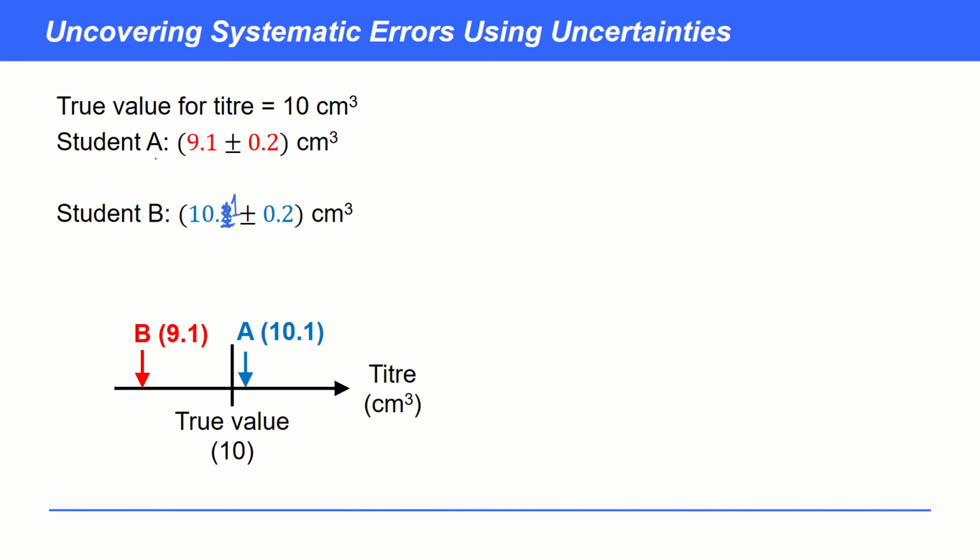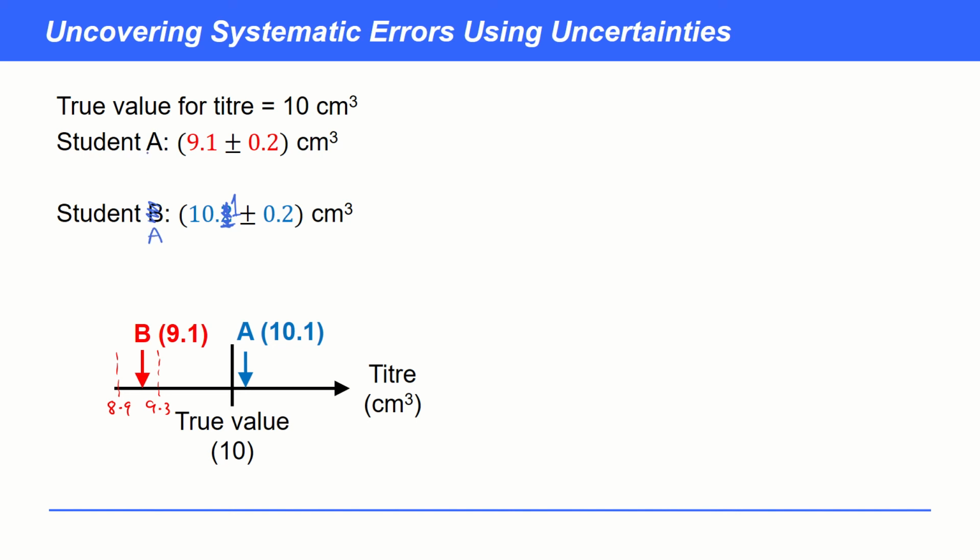So what does that actually mean for their measurements? Well, what we said about the uncertainty is it gives us a range of values in which you think the true value lies. So for student B, after the uncertainty analysis, they're saying, I think my value lies between 8.9 and 9.3 centimetres cubed. Oh, I've got these the wrong way around.